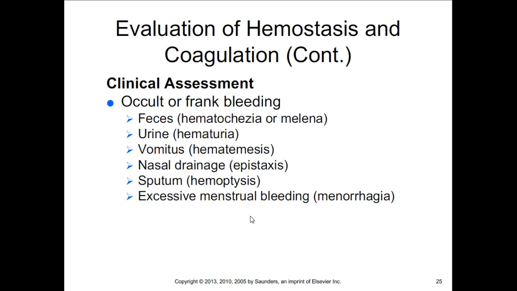So you might see occult, or hidden, bleeding, or even frank bleeding. Like that's going to be nasal drainage if it's coming straight from the nose. Epistaxis, and it's bloody, right? That's something that needs to be noted. Some people with high blood pressure occasionally will have nasal drainage of excessive amounts of blood.